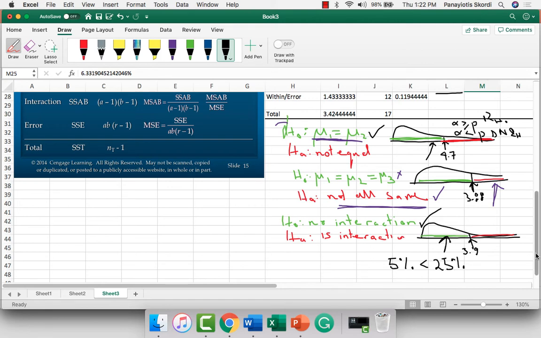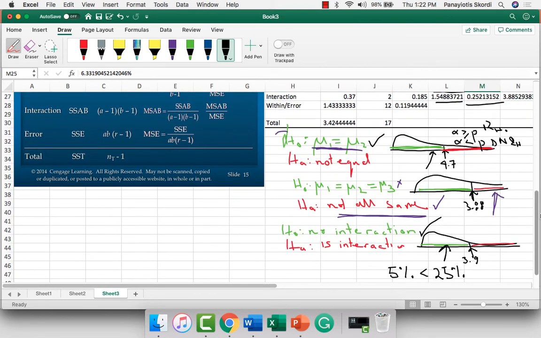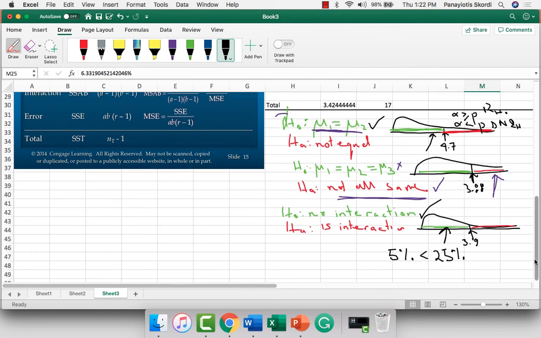That's a big p-value. So that means that alpha is smaller than the p-value. And when alpha is smaller than the p-value, what did we say? We do not reject H0. So again, we get do not reject H0 if you use the p-value to do this test.